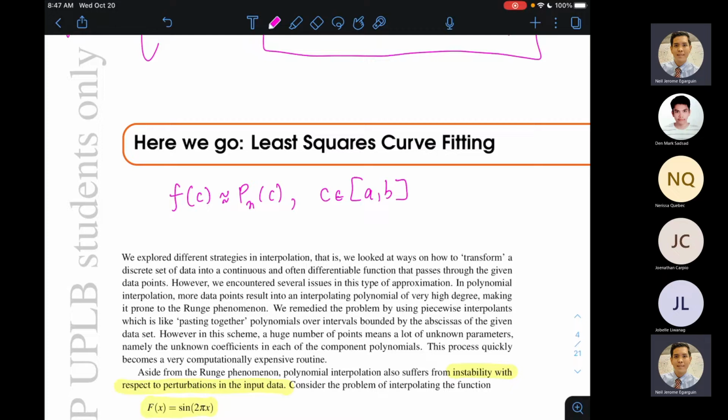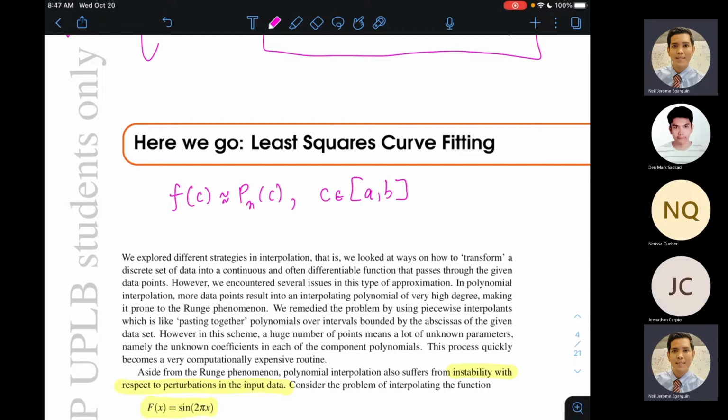So halimbawa, you're trying to approximate the value of your stocks, say sa day 367, pwede mong gamitin yung data from day 1 until day 365 para gumawa ng curve fit para ma-approximate yung value sa day 367. Sa interpolating polynomial, hindi mo pwedeng i-substitute yung day 367 kung ang interpolatory abscissas mo ay between 1 and 365 lang. Okay.